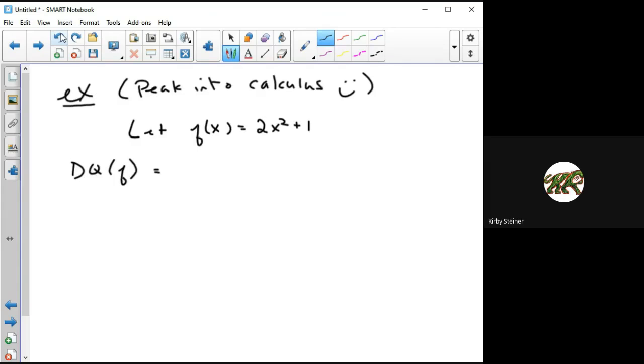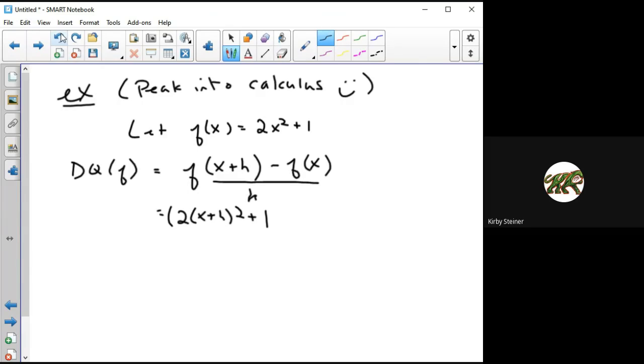Our definition for a difference quotient is f of x plus h minus f of x, divided by h. And so now let's plug in. f of x plus h is going to be 2 times (x plus h) squared plus 1, minus (2x squared plus 1), and all that divided by h.